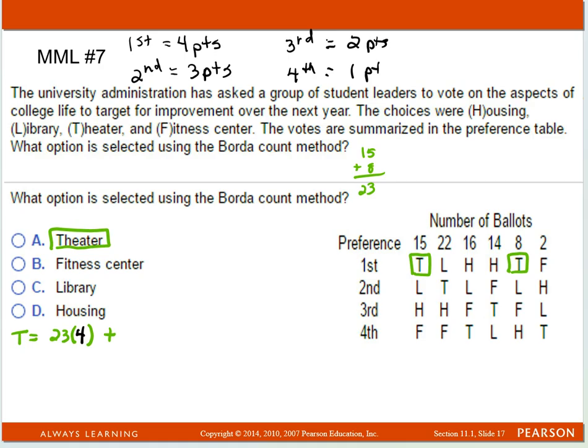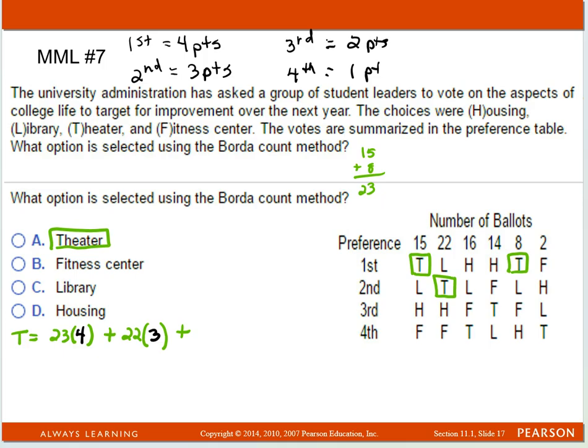Plus, now I go to second place. I'm looking at the second row in this preference table, and there's only 1 T. It's right here, and that is underneath those 22 students. So there's 22 votes for second place. Now remember, second place gets you 3 points.